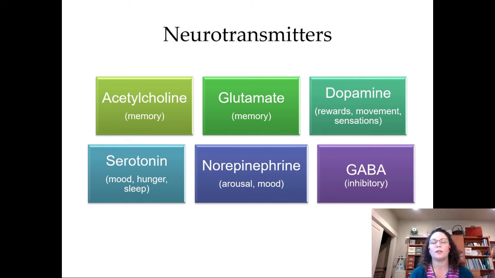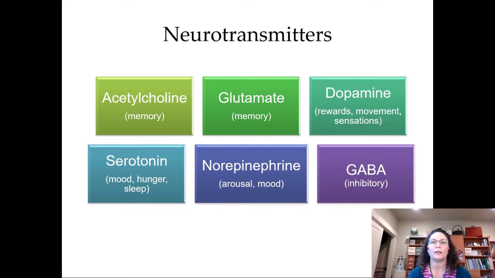If you look at the dopamine pathways that are more in the temporal lobes, more near your ears, those dopamine receptors are involved in auditory information transmission, so hearing things. So while you're listening to me talk, you're having doses of dopamine secreted in your auditory cortex.